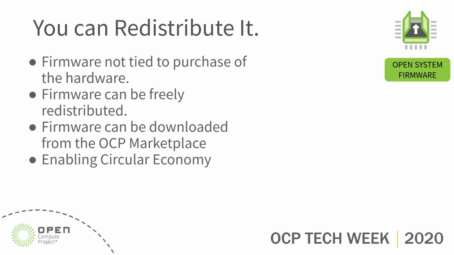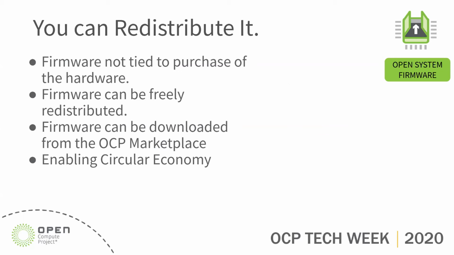And finally, the last key component is you can redistribute the firmware. So it's not tied to the purchase of the hardware. This differs from the previous key component. It differs from ownership in the sense that this is more tied to licensing.